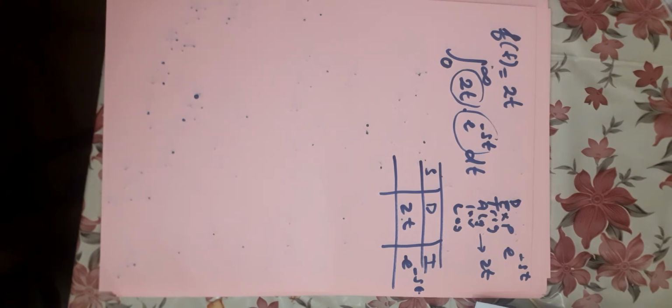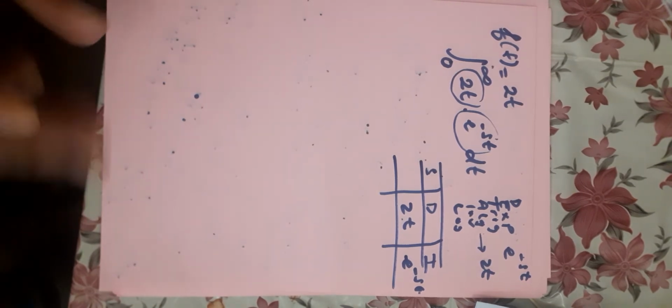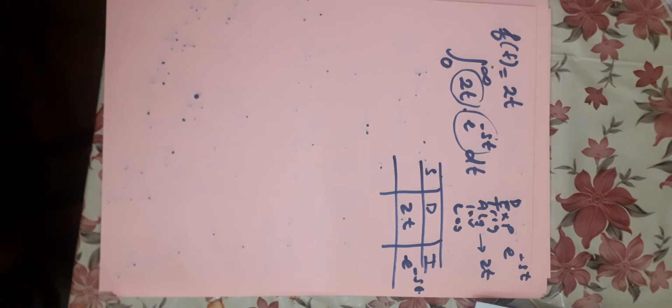For example, when you have cos, you differentiate, it gives you minus sine, then you differentiate again and you come back to cos, now minus cos. So when you have a trig function, you differentiate twice.